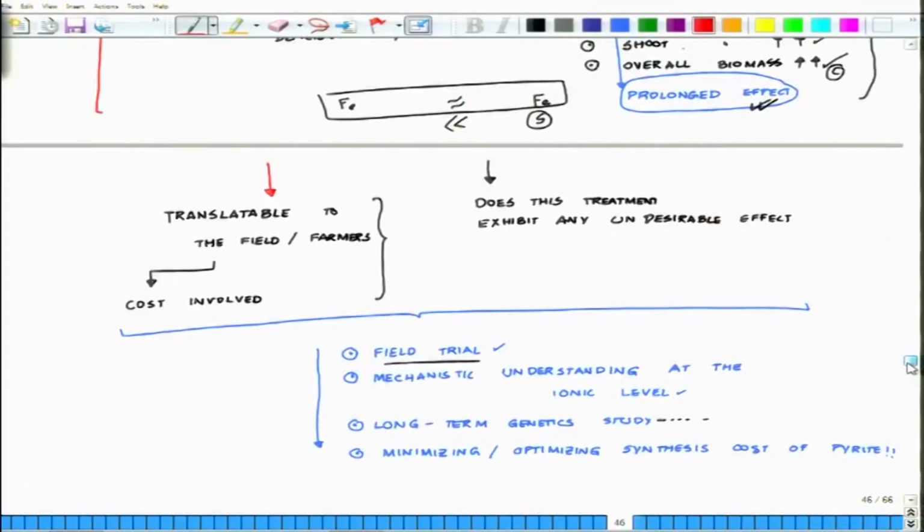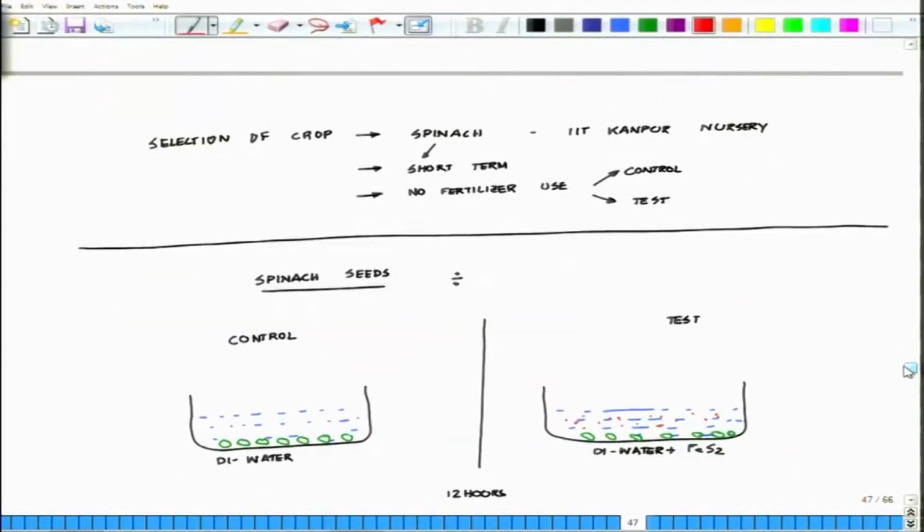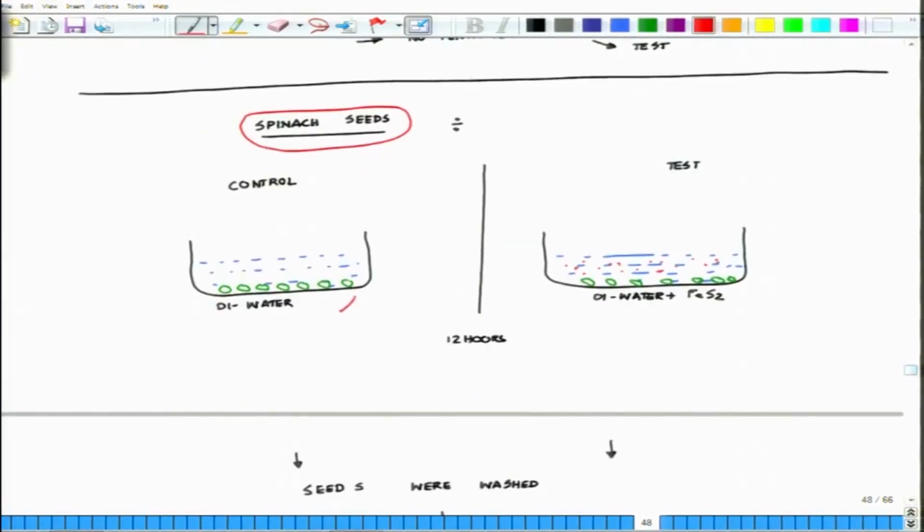Then we talked about the field trials, where I talked to you about the spinach seeds, again with 12 hours treatment in water and correspondingly in water plus iron pyrite.